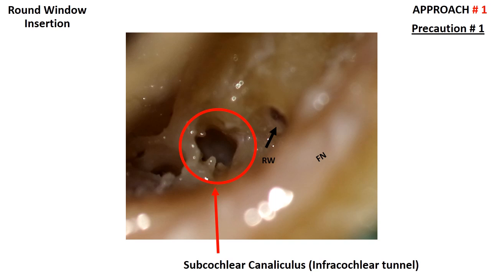So usually be aware of that, and usually the round window membrane is closer to the stapes than expected. So if you are away from the footplate of the stapes, usually think twice that this might be a subcochlear canaliculus, and it will lead to false insertion.